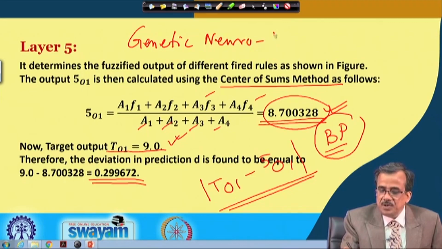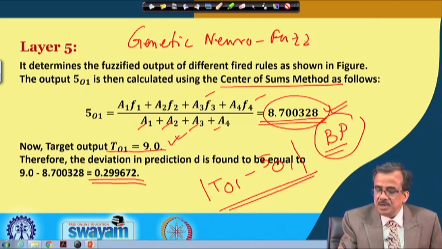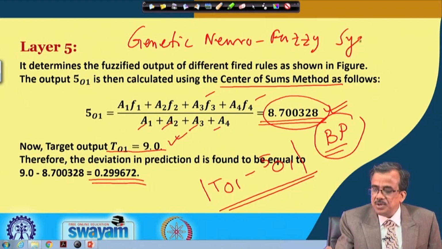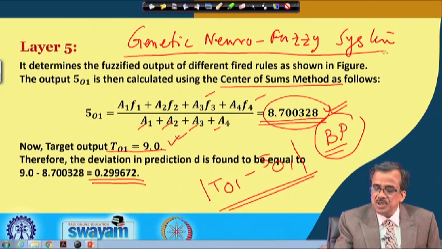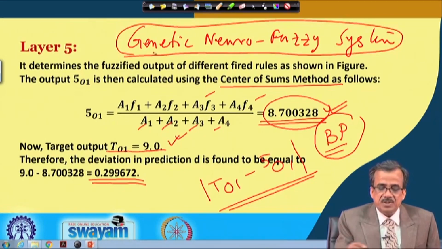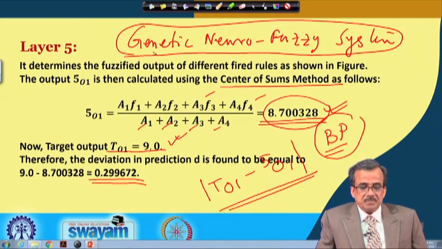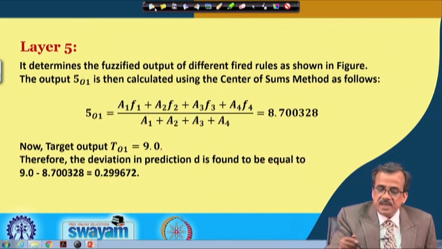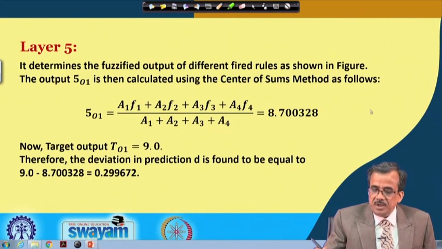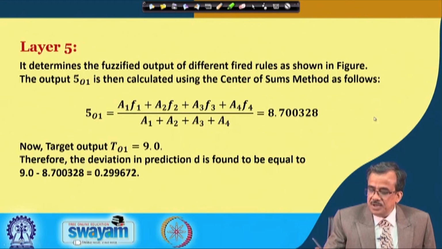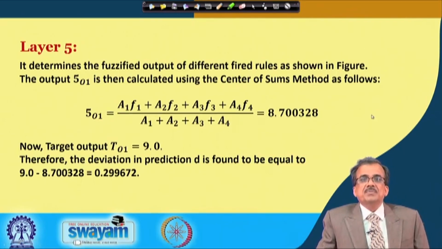So, genetic Neuro-Fuzzy system is this. That means we are using the genetic algorithm just to evolve the Neuro-Fuzzy system, that is nothing but the genetic Neuro-Fuzzy system.